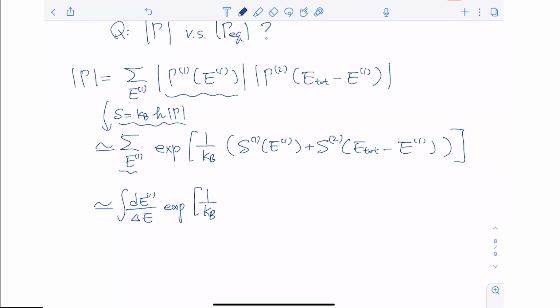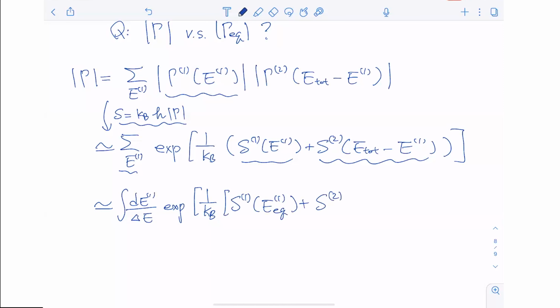And also, because now you are working in a continuous version of this summation, you can actually expand this entropy around its equilibrium value, sorry. So let me just write down what that means.